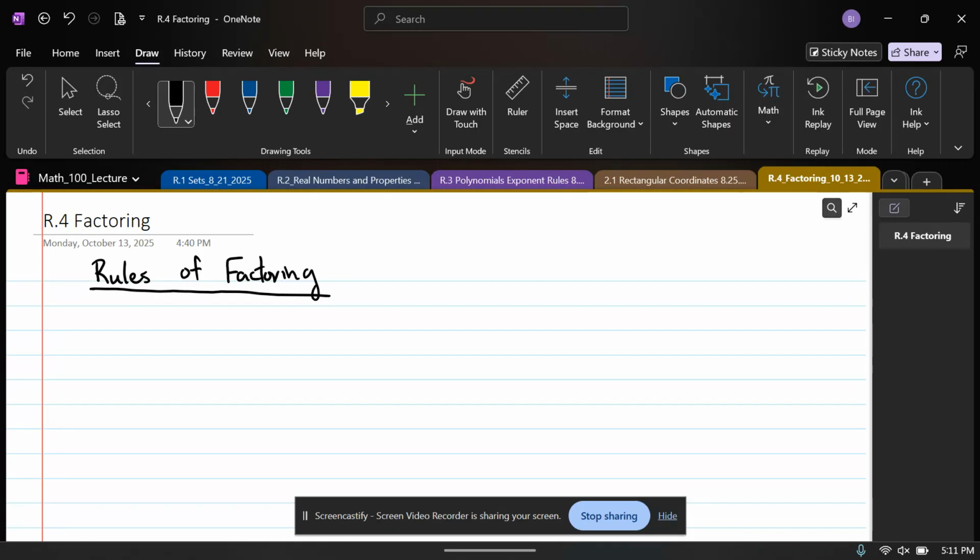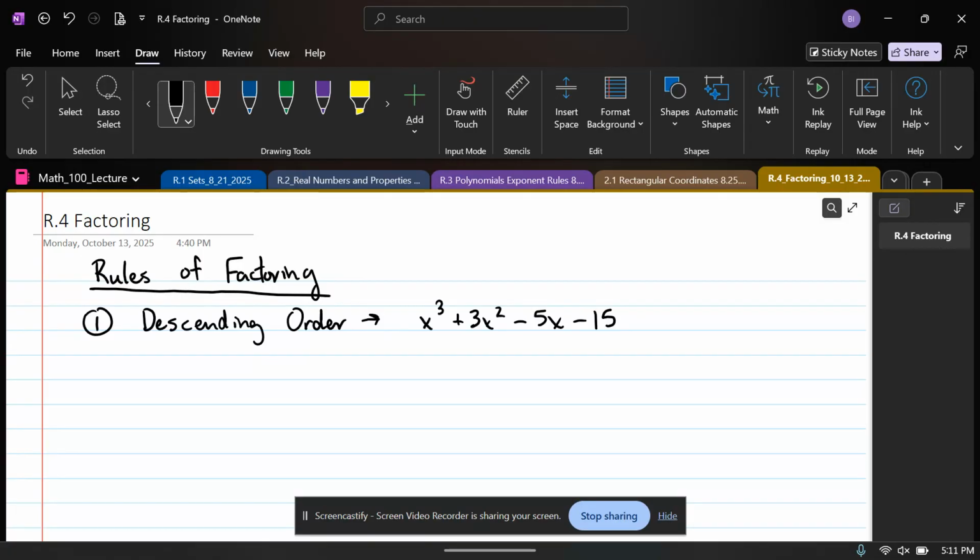Okay? The first rule is make sure your equation or your polynomial that you're trying to factor is in descending order. That means, like x cubed plus 3x squared minus 5x minus 15.